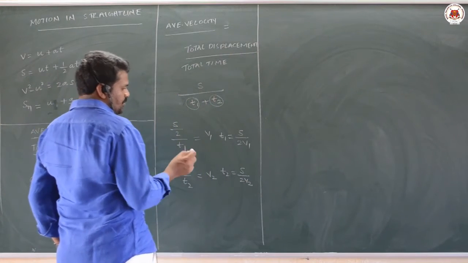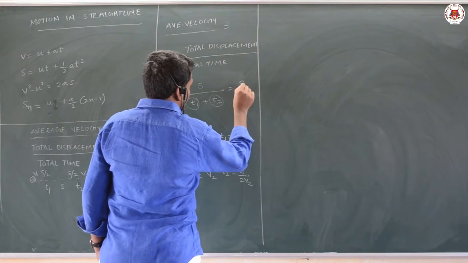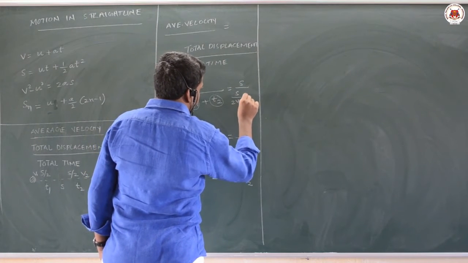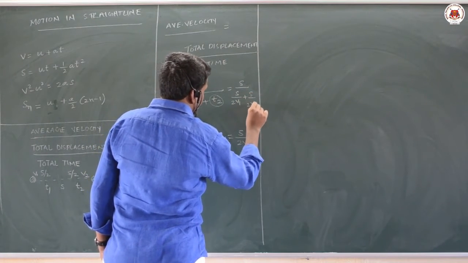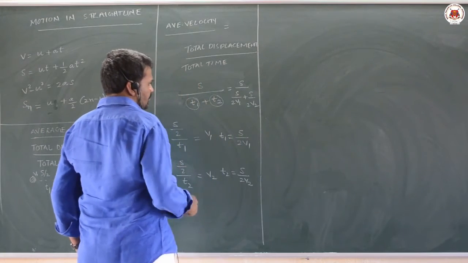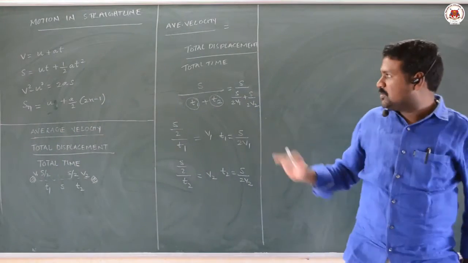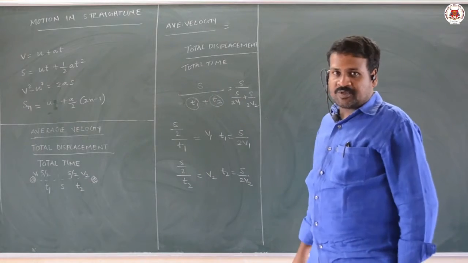Substitute the values of T1 and T2 here: s divided by (s by 2V1 plus s by 2V2). So, therefore, it will be 2V1V2 by (V1 plus V2). Like this you have to calculate average velocity.